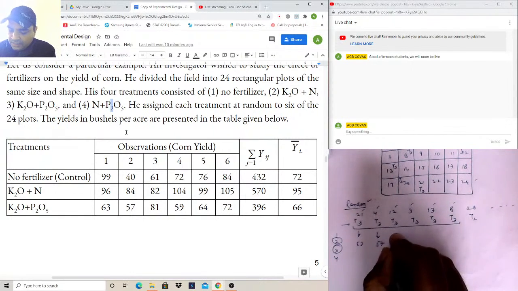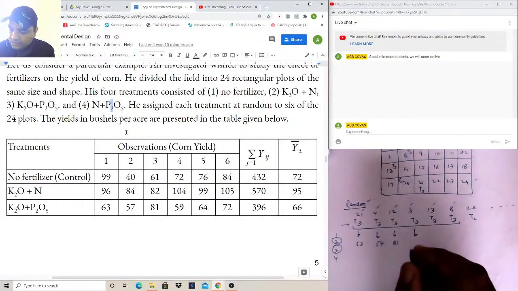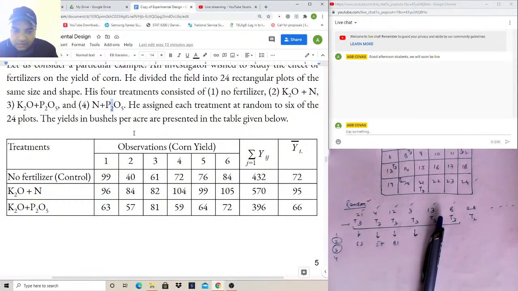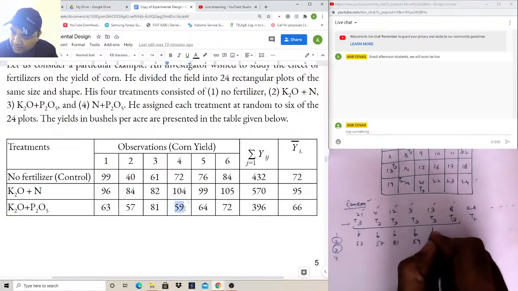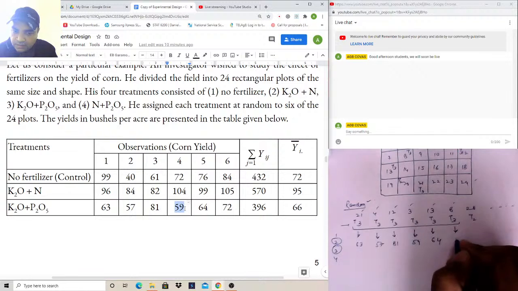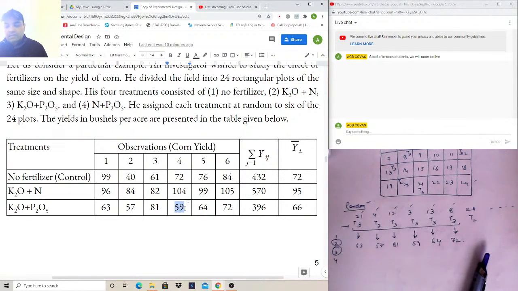Then in the 12th plot he got a yield of 81. In the third plot he got a yield of 59. Then in this field he got a yield of 64, and in this he got a yield of 72. So this is how these results are obtained.